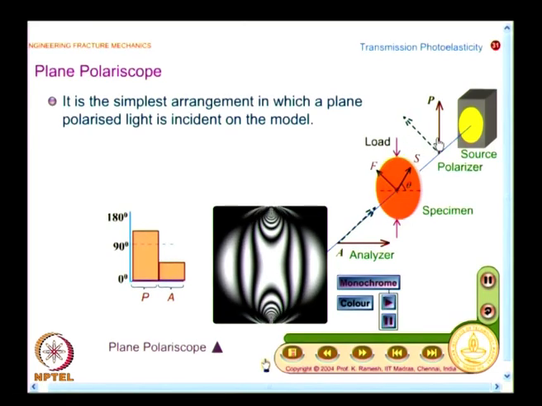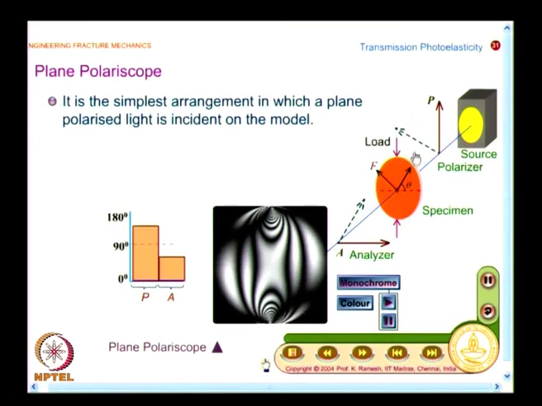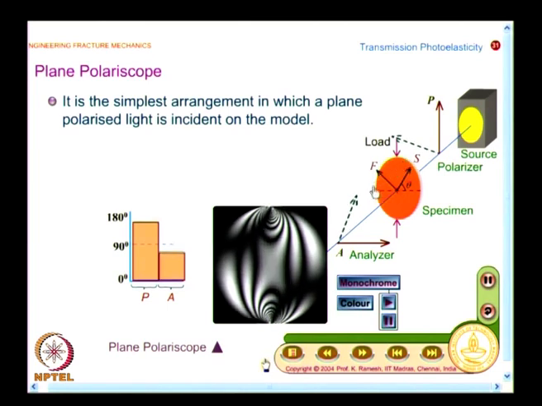We did a simple trigonometric analysis. After the polarizer you get plane polarized light which hits the model.